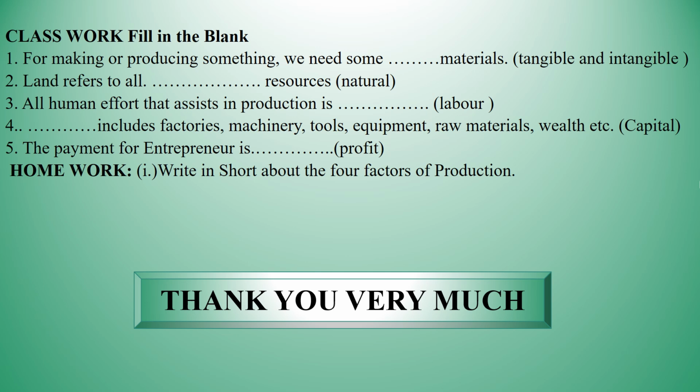The fourth fill in the blank is, dash includes factories, machinery, tools, equipments, raw materials, wealth, etc. The answer is capital. The fifth fill in the blank is, the payment for entrepreneur is dash. The answer is profit. Now we come to homework.